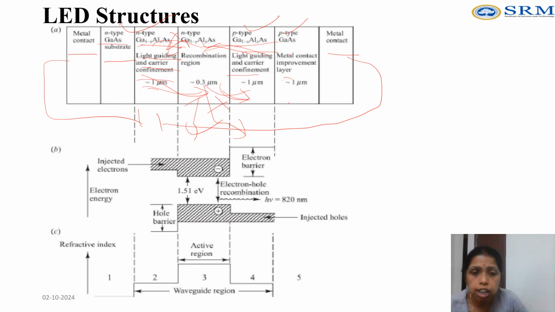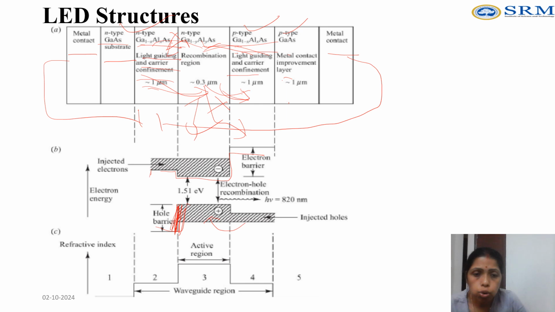So this is the structure, and you can see the band diagram. The band diagram is like that. Here this side is p-type, that means the hole will come from this side to this side. Now at the interface, you can see this is a high band gap, a high barrier.